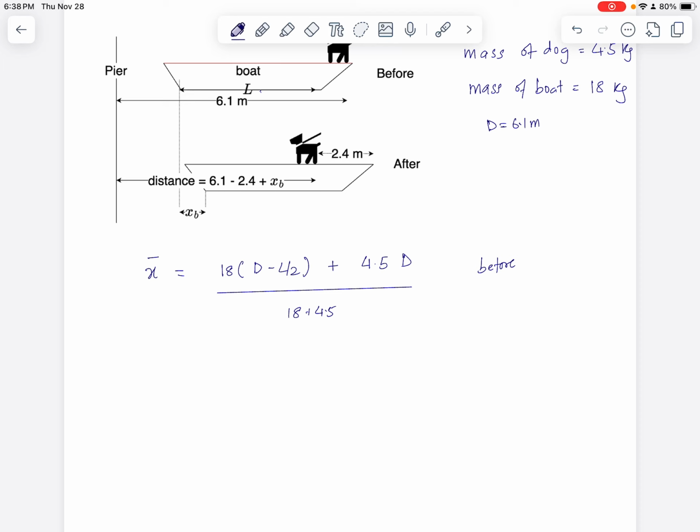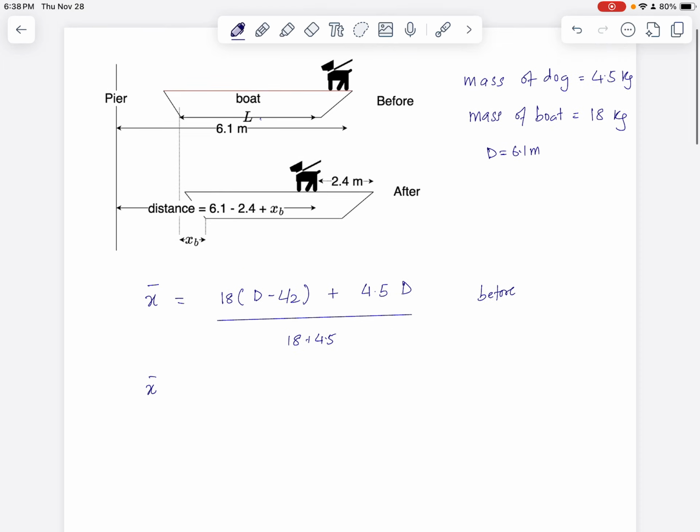Afterwards, we have the contribution of the boat as 18 times d minus L by 2 plus the distance moved by the boat, xb, plus 4.5 times d minus 2.4, because the dog has moved towards the pier, but it has moved back by the distance xb moved by the boat, divided by 18 plus 4.5.